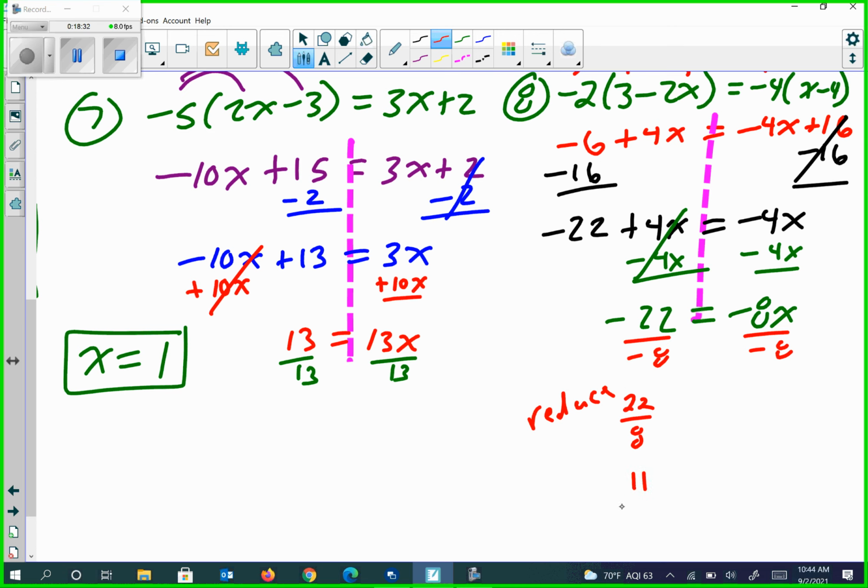So I get 11 over 4. That's what x equals. Not too bad so far, you agree? Yeah, reduce if a fraction can, but just don't turn it into a mixed number.